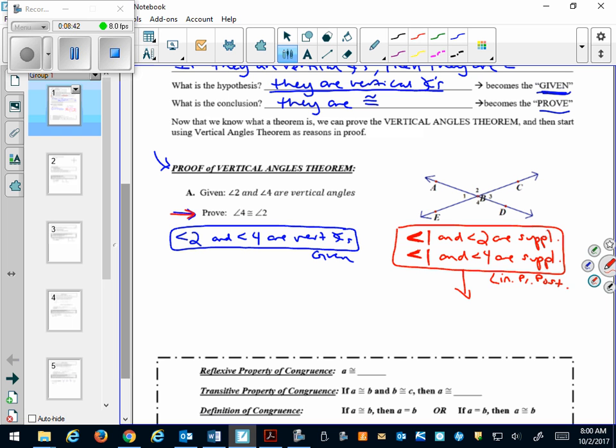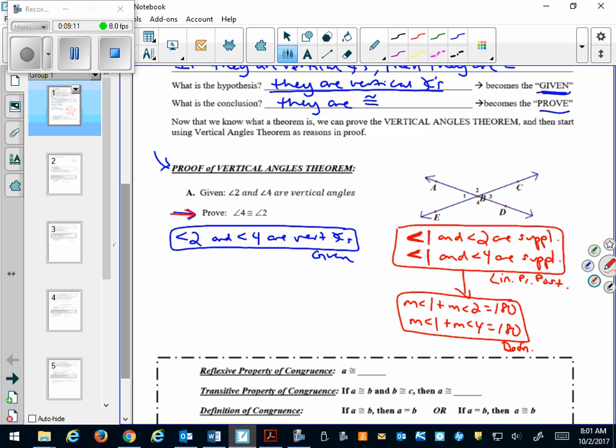What would be the step that leads logically from that statement? Claire? Right, that's always the next logical step from the linear pair postulate, to then write equations.